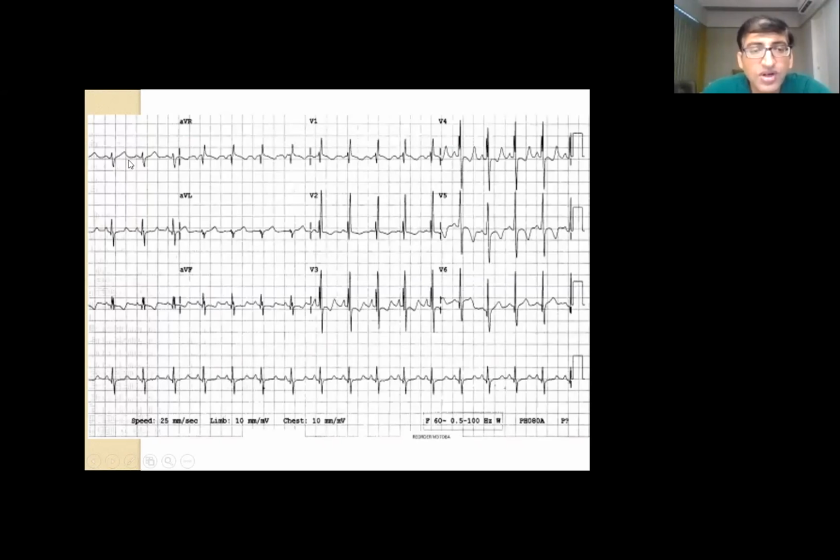So they are reaching towards each other, which means that it is right axis deviation, and incomplete right bundle branch block is suggested by an R dash pattern, or what we call in simple terms an M pattern. So when you see an M pattern in lead V1 and right axis deviation with a wide and fixed split, and clinical features of increased pulmonary blood flow and X-ray finding of cardiomegaly, it is more likely ASD.